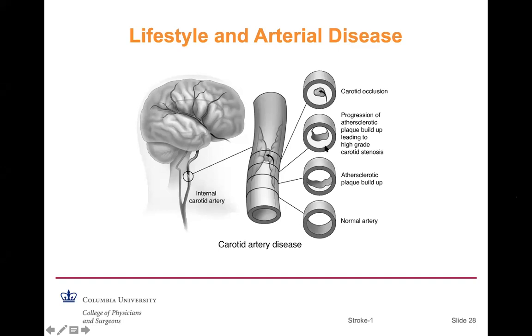This plaque, which is just all the gunk and junk building up in the arterial wall, makes the arteries stiffer and stickier. And when the arteries become stickier, clots can form in the arteries. And when the arteries become stiffer, they're less compliant, and the pressure builds up inside them. And that's how high blood pressure can develop as a result of this arterial stiffening.